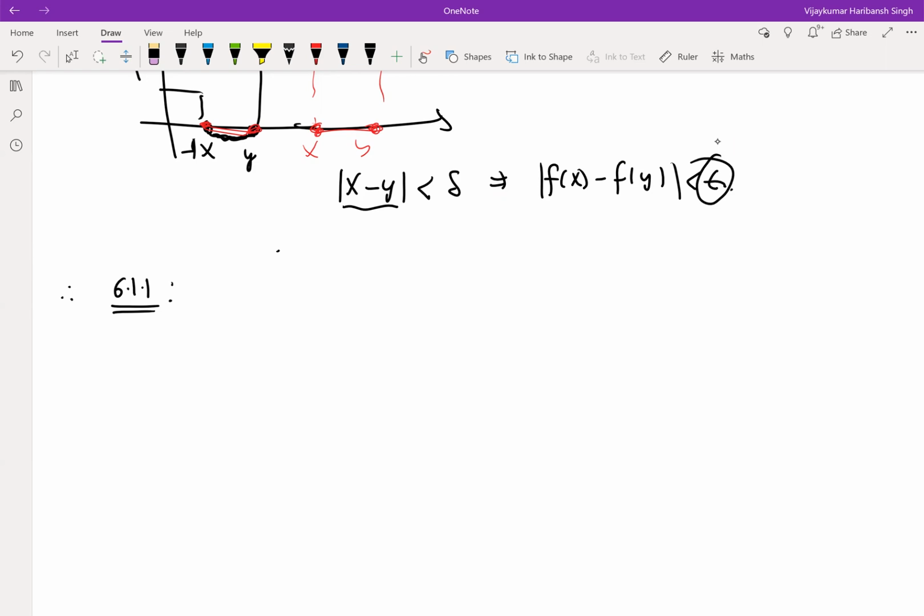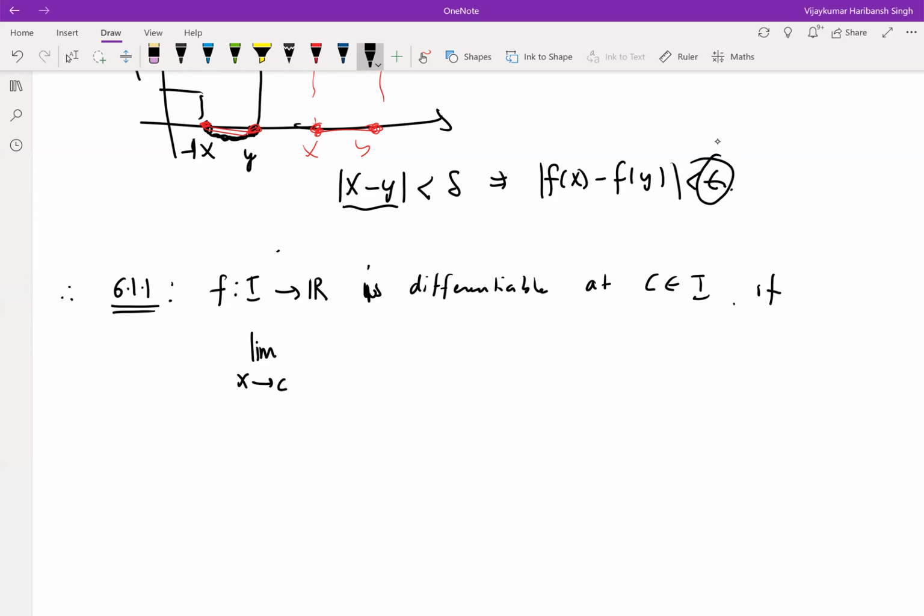So let's take a function f from an interval I to R. We say f is differentiable at C belonging to I if the limit as x goes to C of (f of x minus f of C) over (x minus C) exists.